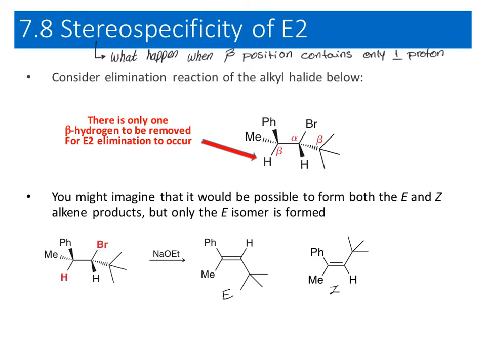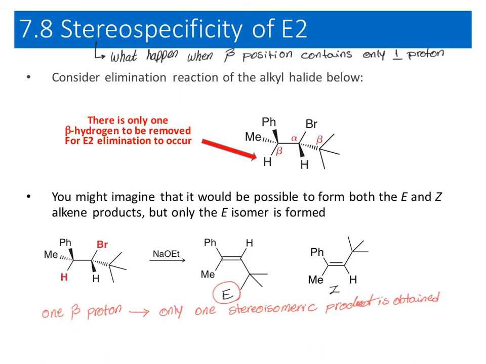However, when we have one beta proton, only one stereoisomeric product is obtained, and in this specific reaction is the E isomer.